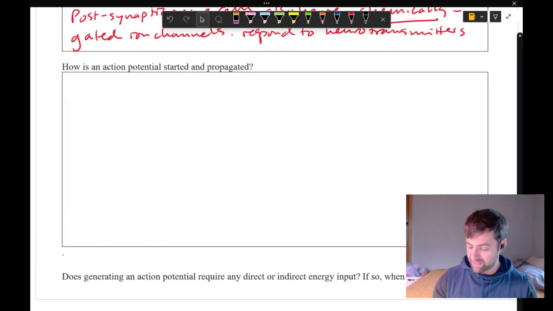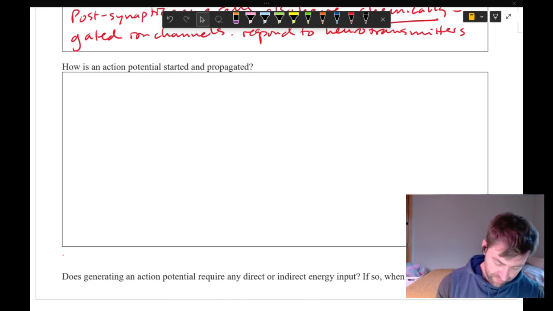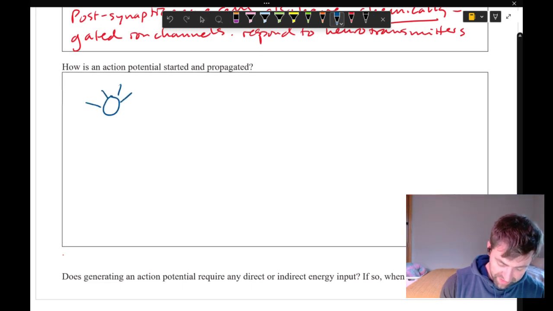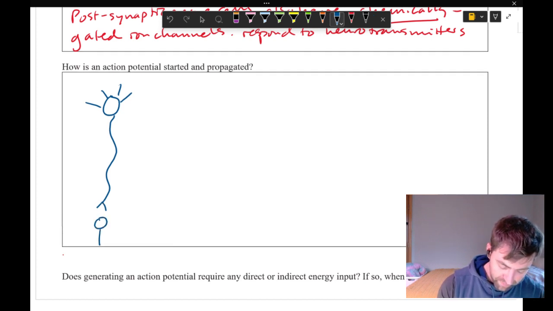So when we have our nerve cell and its dendrites, axon, down to the next nerve cell, we have a local depolarization, which usually happens at these dendrites, right?